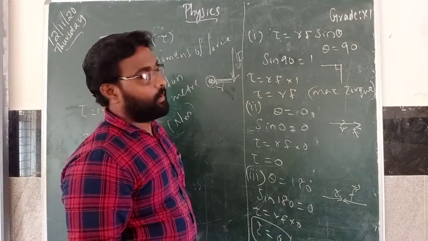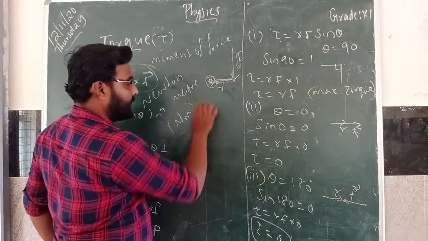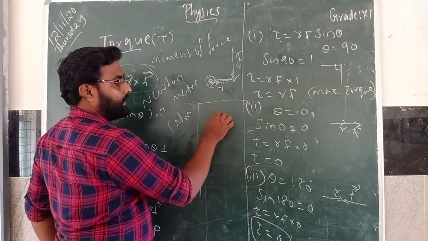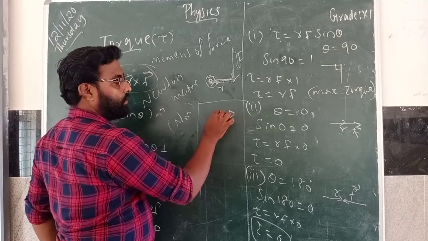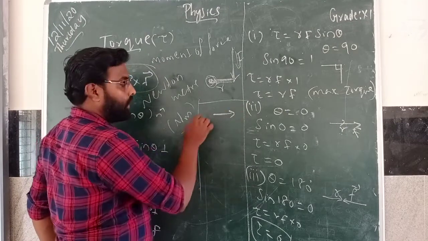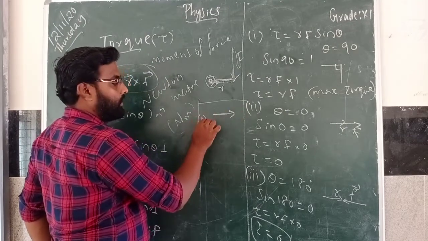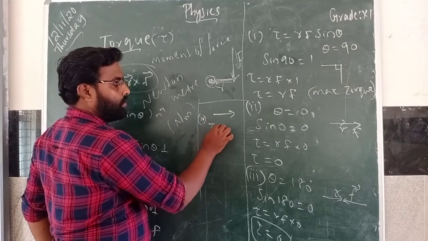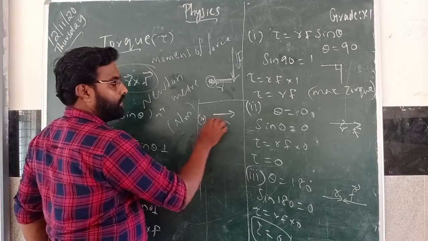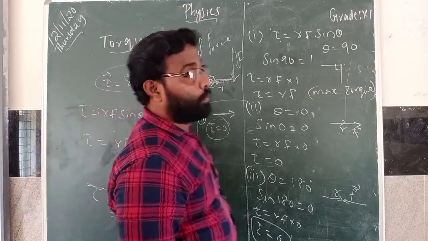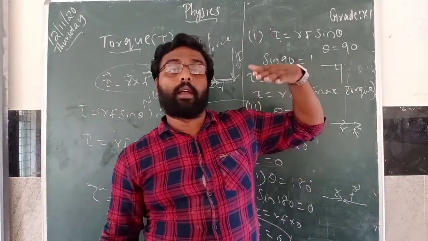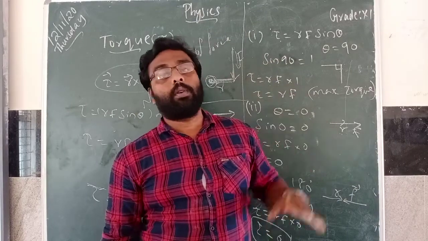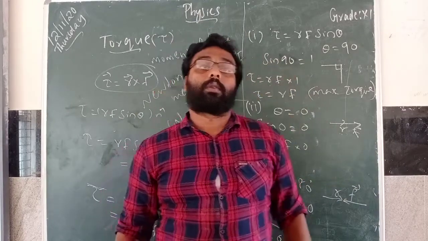No torque. And the last case is this F is over R. F is over R. Now also torque is equal to 0. Position vector along with that F. So no torque.